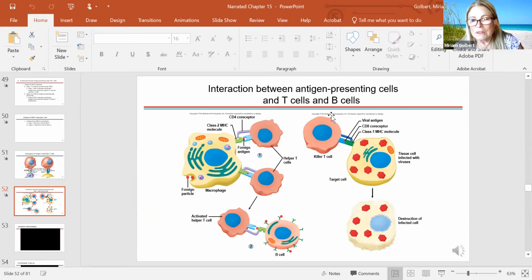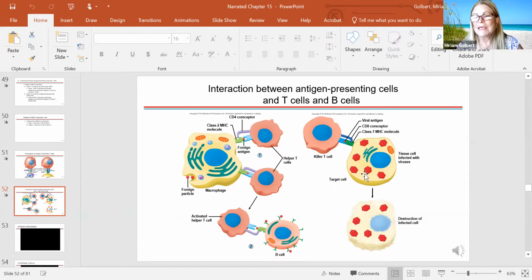The killer T cell, I start here because it's easier, only one step, is the one that has the CD8 coreceptor. This is the way that T cells come. It's going to recognize antigens that are in the MHC class 1. So this is a cell that is infected by viruses and is putting these little flags out there saying, hey, I'm infected. Now this cell is unfortunately dead, right?